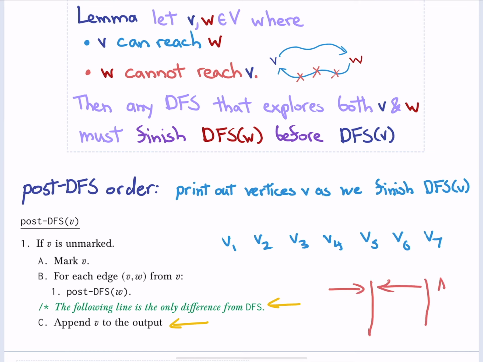Who's not voting? Excellent, one. Who thinks it's going to go from left to right? One brave soul. Who thinks it's going to go from right to left? All right. So it's going to go right to left.